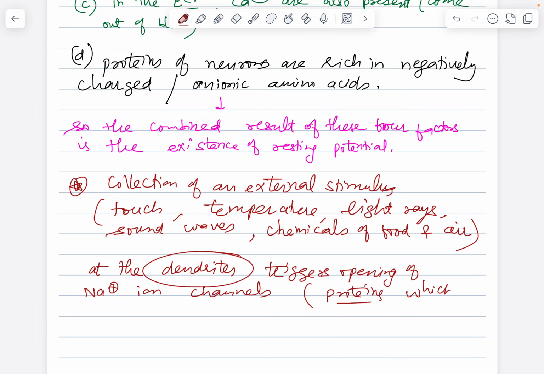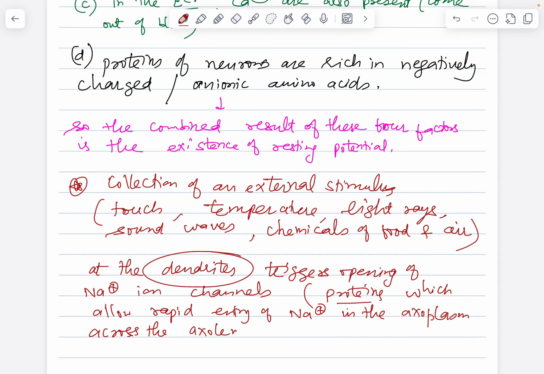Proteins which allow rapid entry of sodium ions in the exoplasm across the exolemma. Once an external stimulus is collected at the dendrites, it triggers opening of sodium ion channels. Sodium ion channels are nothing but proteins which allow rapid entry of sodium ions in the exoplasm across the exolemma.